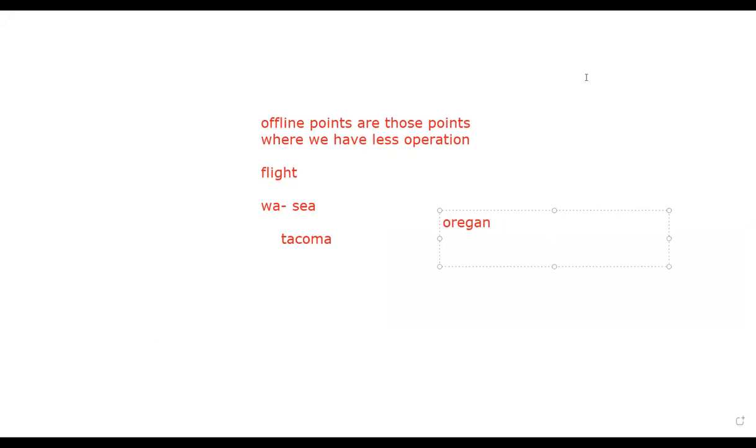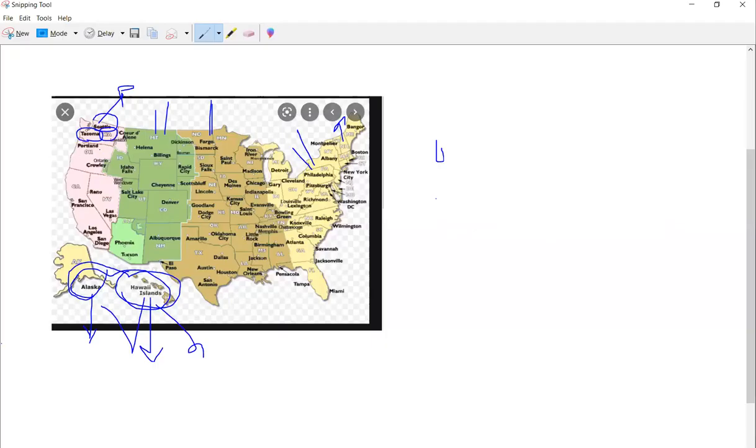Now in Oregon, we have the city of Portland, and also the city of Ontario. The code of Portland is PDX: P for Peter, D for Delta, and X for X-ray.